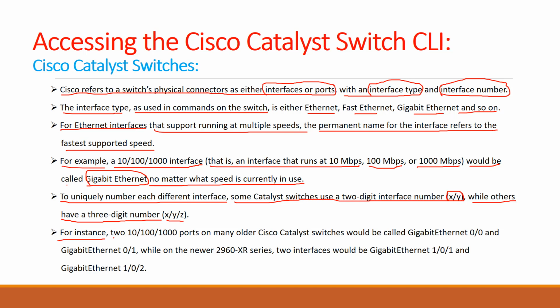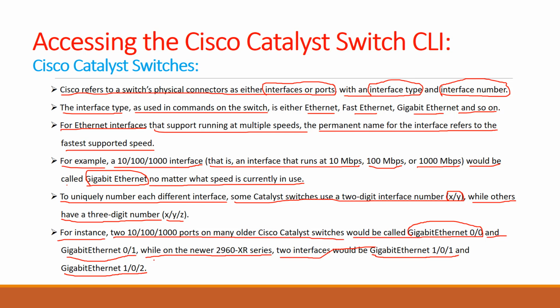For instance, two 10/100/1000 ports on many older Cisco Catalyst switches would be called Gigabit Ethernet 0/0 and Gigabit Ethernet 0/1, while on the newer 2960-XR series, two interfaces would be Gigabit Ethernet 1/0/1 and Gigabit Ethernet 1/0/2.